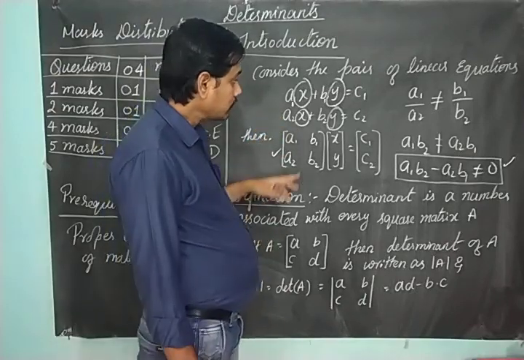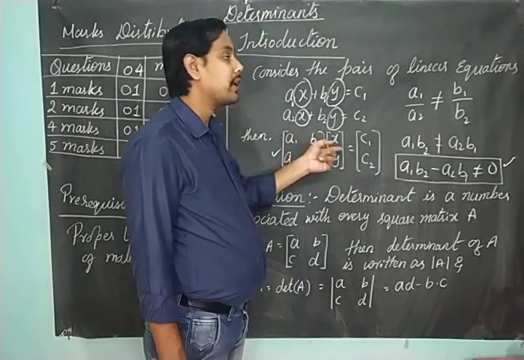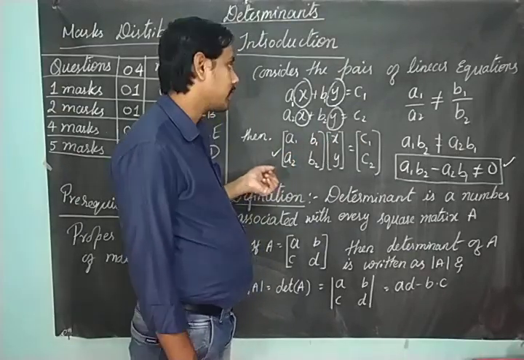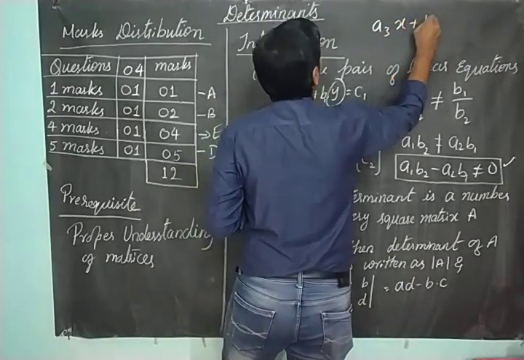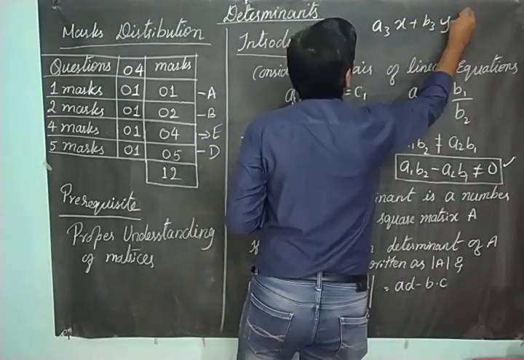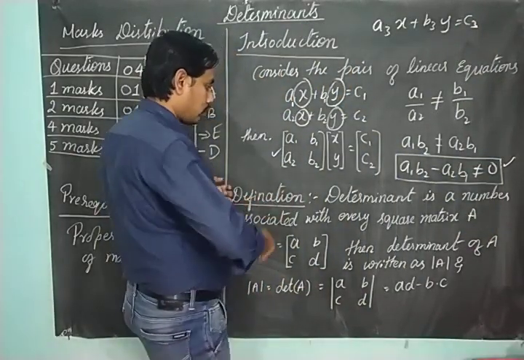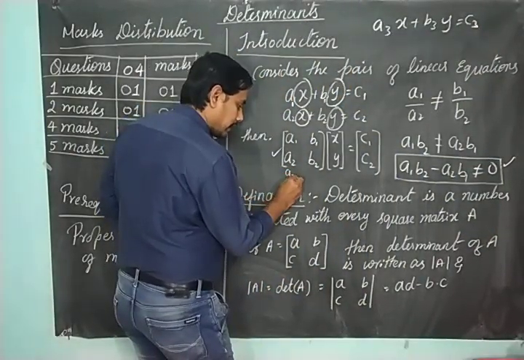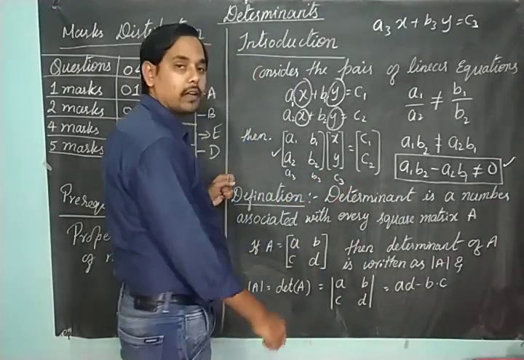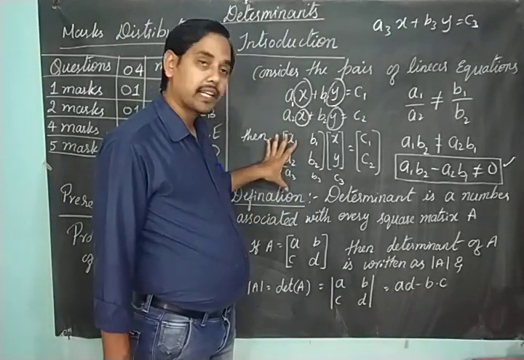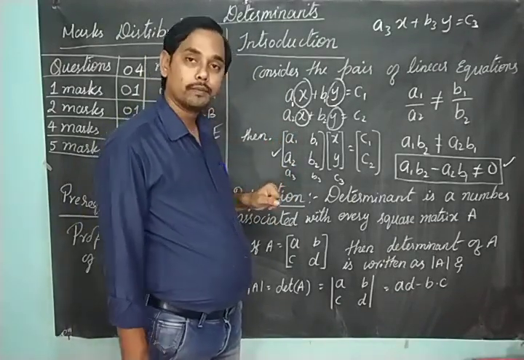If you have one more equation, a3x plus b3y is equal to c3, then one more row will come, and this becomes a rectangular matrix, with 3 rows and 2 columns.